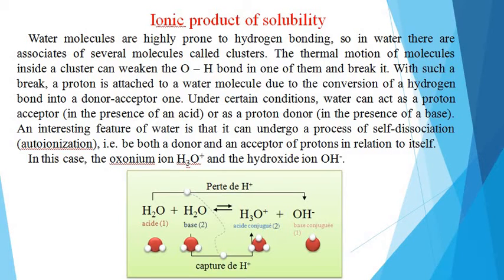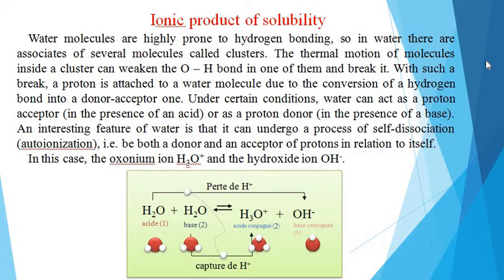Ionic product of water. Water molecules are highly prone to hydrogen bonding. So in water there are associates of several molecules called clusters. The thermal motion of molecules inside a cluster can weaken the hydrogen bond or H bond in one of them and break it.